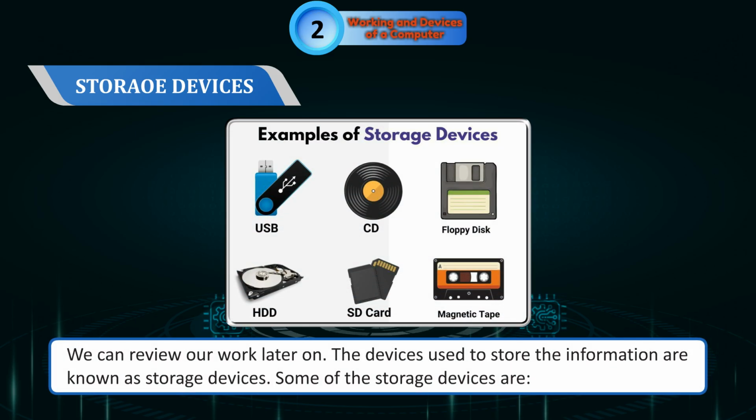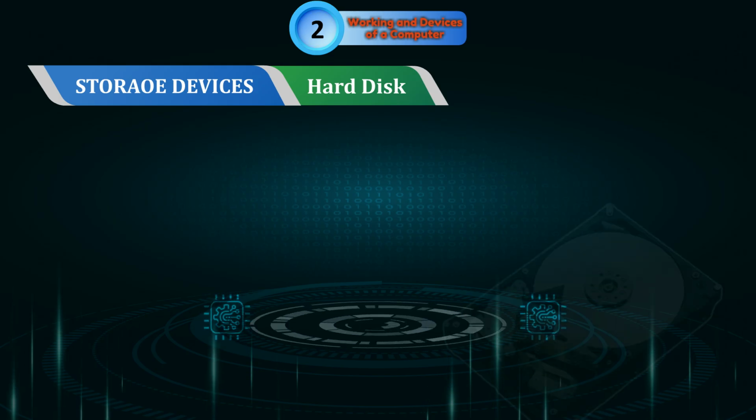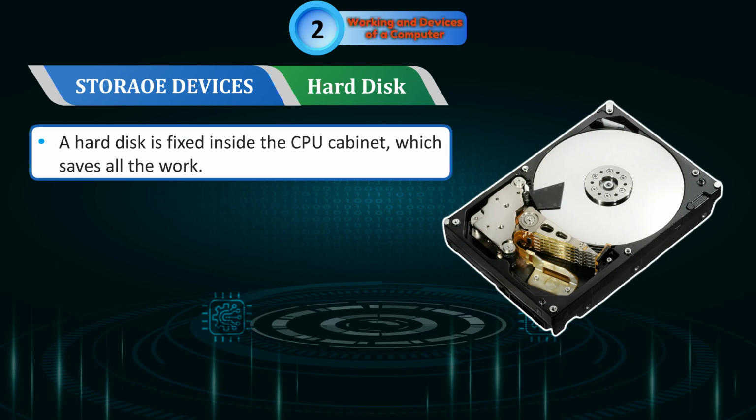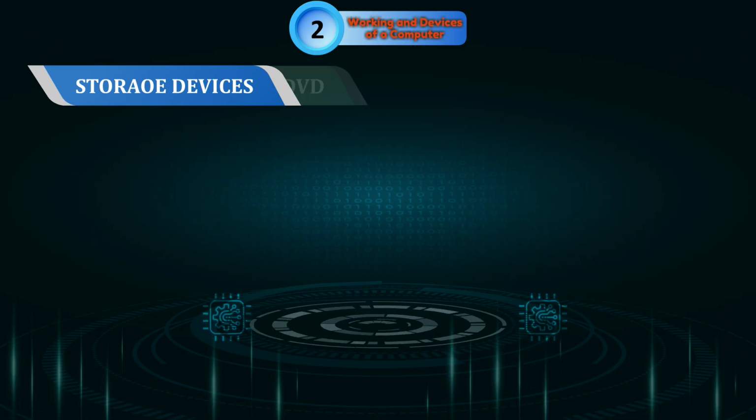The devices used to store the information are known as storage devices. Some of the storage devices are hard disk. A hard disk is fixed inside the CPU cabinet, which saves all the work. It is the main storage device in a computer.